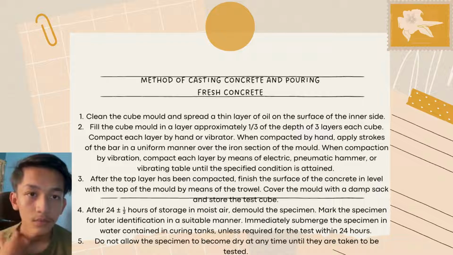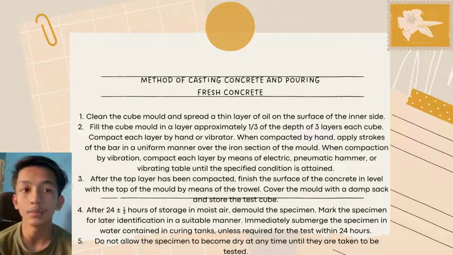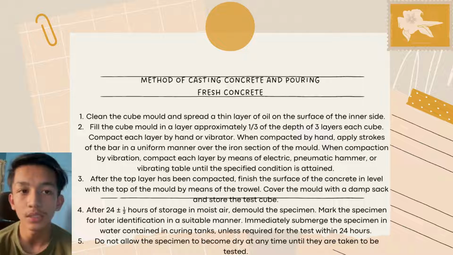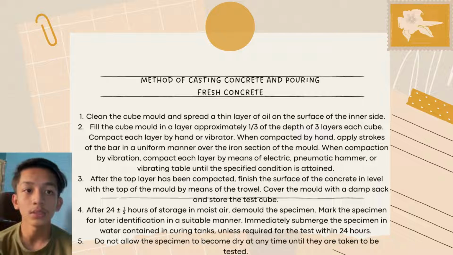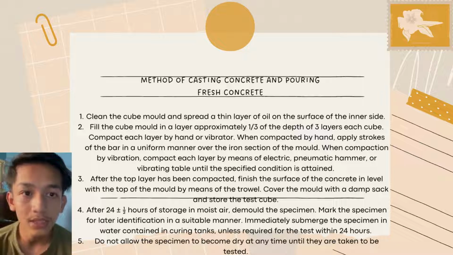When compacting by vibration, compact each layer by means of electric or pneumatic hammer or vibrating table until the specified condition is attained. Third, after the top layer has been compacted, finish the surface of the concrete level with the top of the mold by means of the trowel. Cover the mold with a damp sack and store the test specimen.